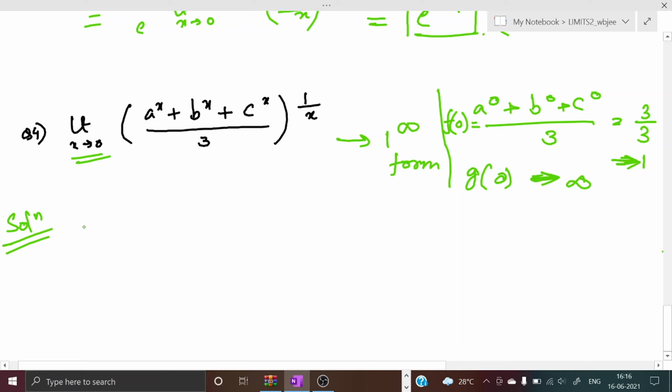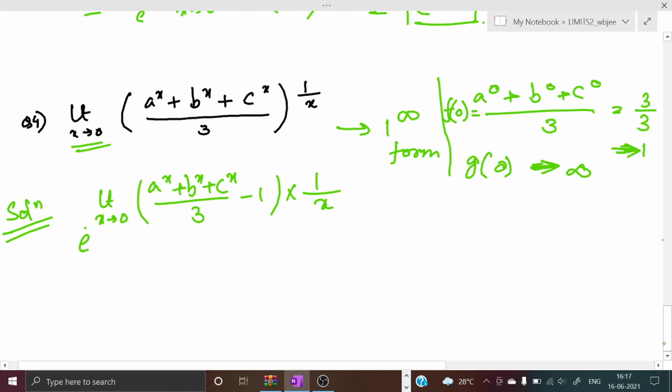Directly you can write it like e to the power limit x tends to 0 of this entire thing minus 1, so (a to the power x plus b to the power x plus c to the power x by 3 minus 1) into 1 by x, right? Now see, there is a trick.